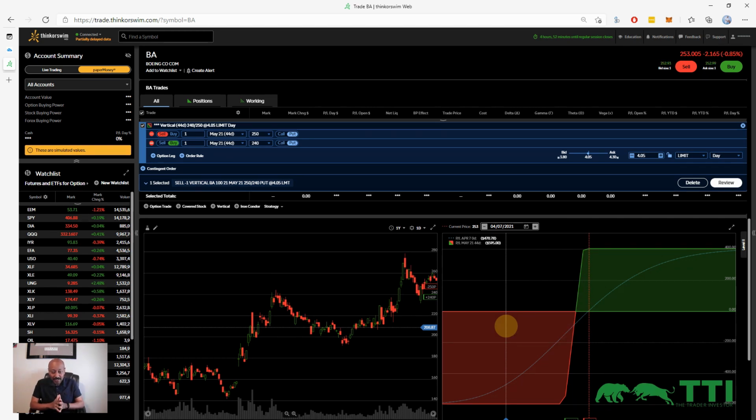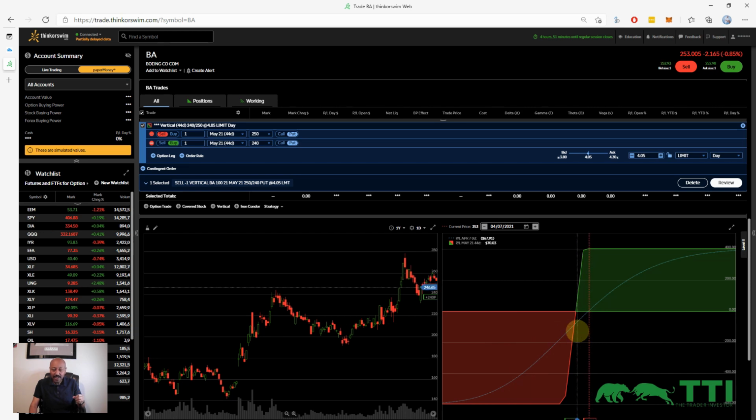This is per contract, so depending on how many shares I want to buy, let's say I want to buy 500 shares, then I'm going to position 5 contracts. Now here's where the maximum loss could happen, and I would exit this position at that maximum loss.